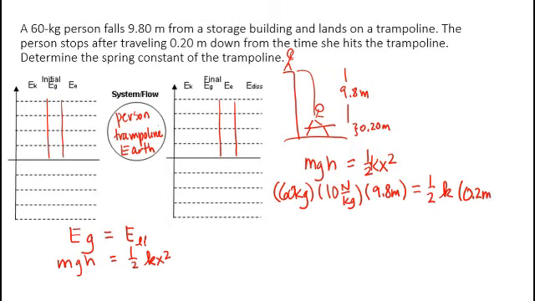Now you may wonder, why aren't I including that as negative gravitational potential energy on the final situation? And the reason is because I'm not building up or losing any gravitational potential energy when I fall that additional 0.2 meters. All of that 0.2 meters is going into the elastic energy account.